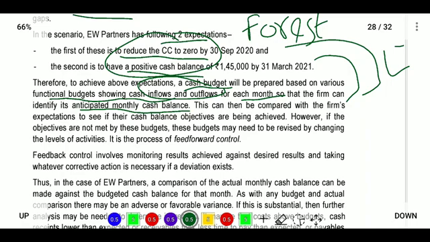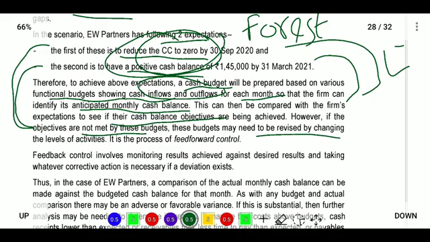So we will anticipate the cash balance when we prepare the functional budgets and the expectations. This can be compared with the firm's expectations to see if their cash balance objectives are achieved. So what are the objectives? These two objectives. However, if the objectives are not met, if your cash balance is not positive in the projections, or if we do not meet your liability at 30 September, then we will need to revise by changing the level of activities.